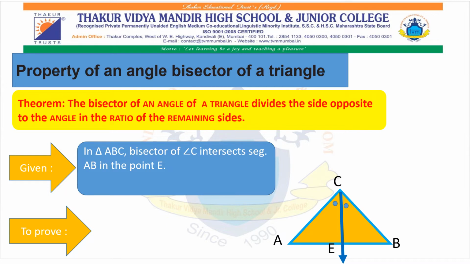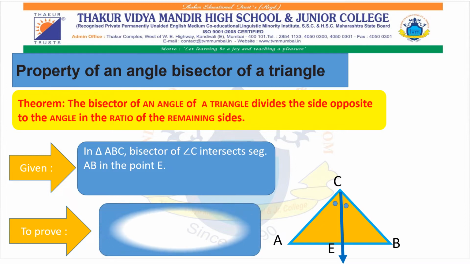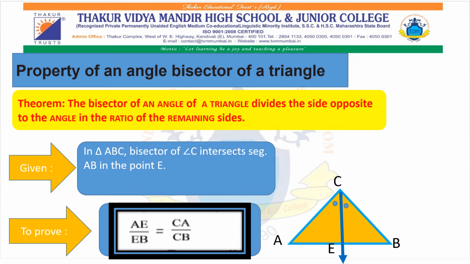The side which is opposite to angle C is AB. It divides the side AB in two parts, which are AE and EB. These two parts are in proportion to the remaining two sides. The remaining two sides are AC and BC. So what I need to prove is AE upon EB equals AC upon BC.